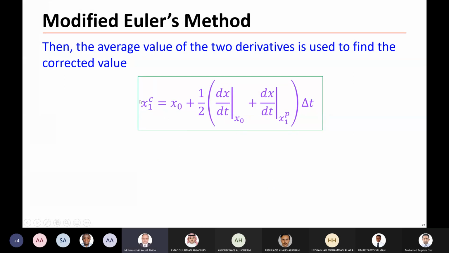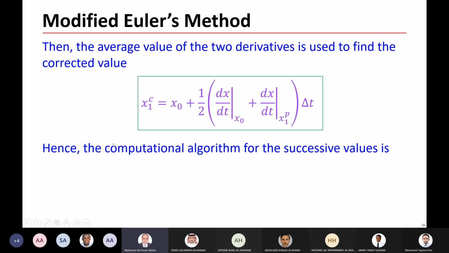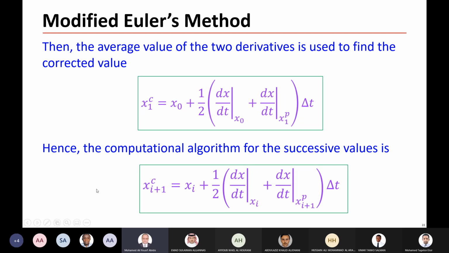Then you can say x1 corrected; we have a predicted value, and then we correct it. So x1 corrected equals x0 plus 1/2 of the average slope at x0 and x1 predicted times delta t. So this is the modified Euler method, which is more accurate than the Euler method.